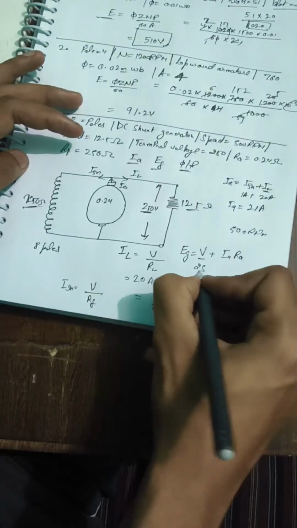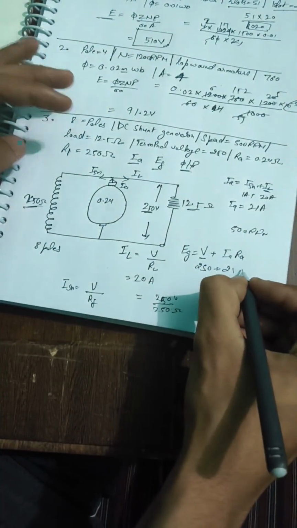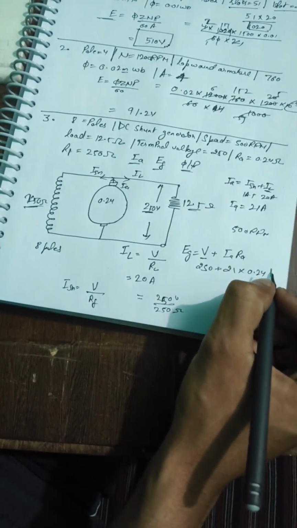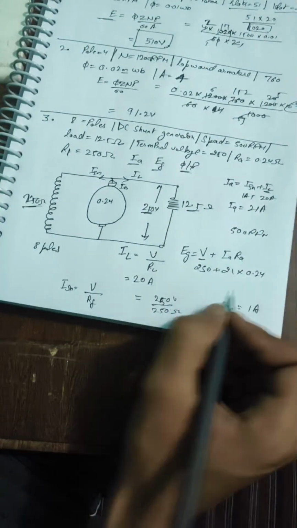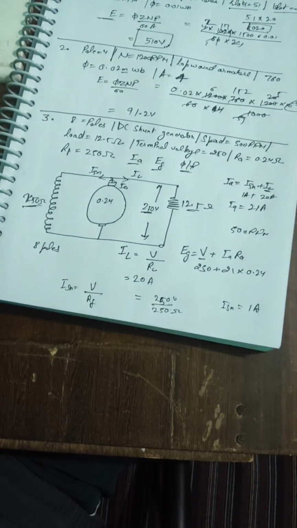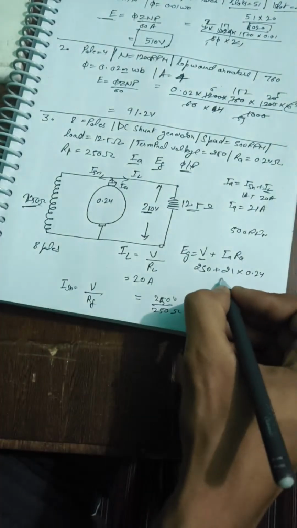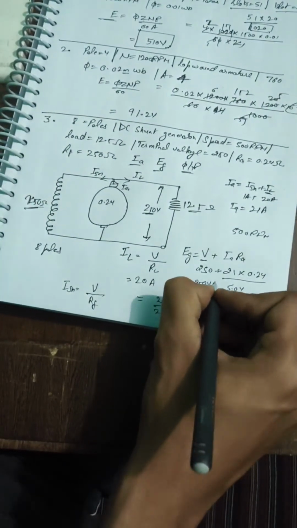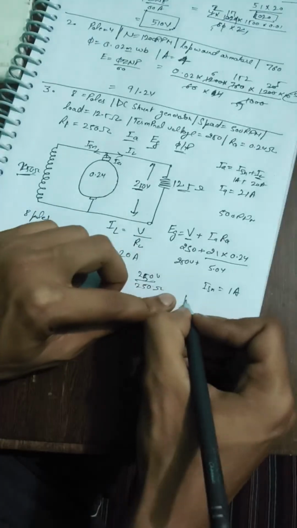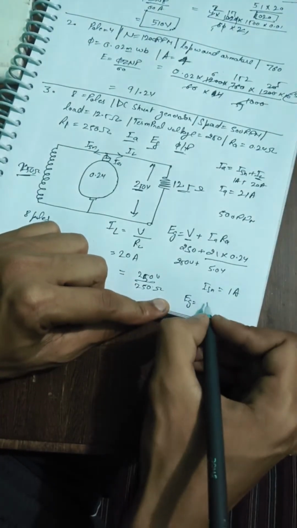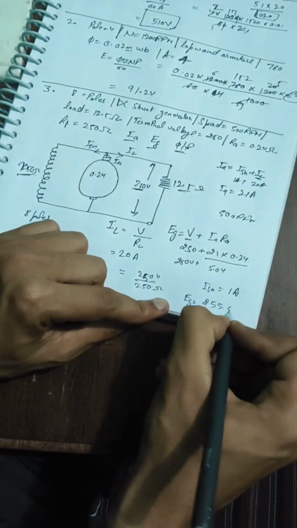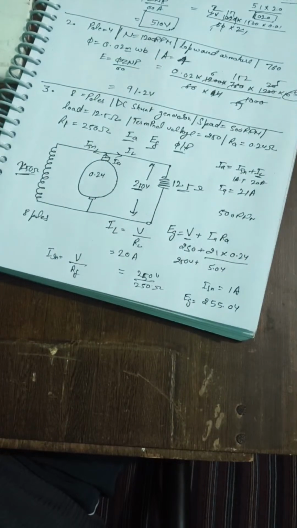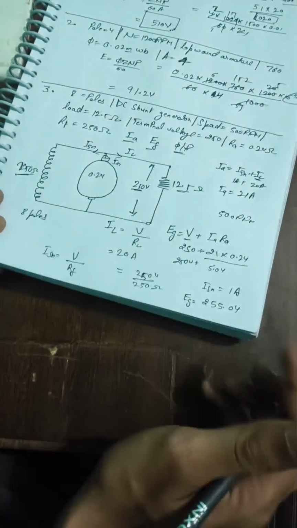Here V is 250 volt, IA 21, and RA 0.24. So IA RA is 5.04, and adding 250 volt, it is equal to 255.04 volt. So the generated EMF is 255.04 volt.